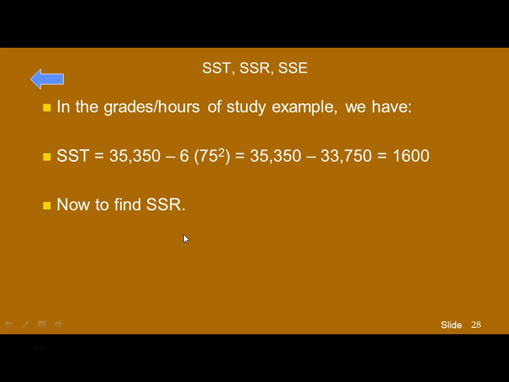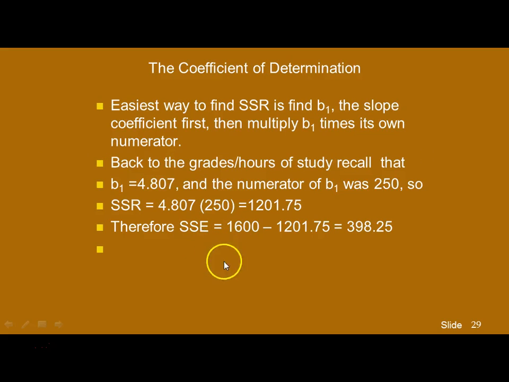Now, to find SSR, I'm going to give you a shortcut. The easiest way to find SSR is first find your slope term, B1, which we've already found, and then multiply B1 by the numerator of B1. If you go back in your notes, remember that B1 was 4.807, and the numerator was 250. So SSR is 4.807 times 250, or 1201.75.